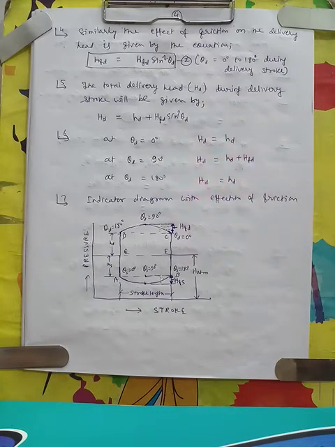So when we draw the diagram, A, B, C, D is the ideal indicator diagram. But what we observe is that A is the starting of the suction stroke. As on the last page, the total head is only HS at the start, and at 90 degree this much head is added due to friction, HFS, means HS plus HFS.